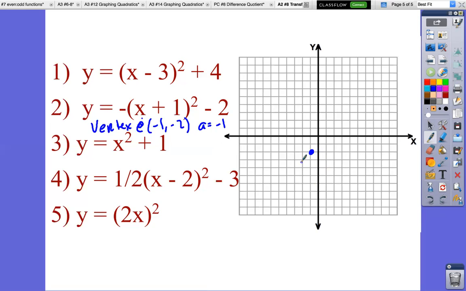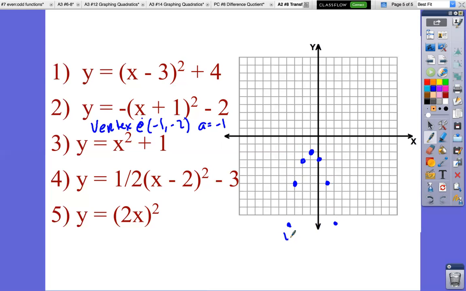And it's negative, so I'm going to go down from the vertex. If I go over 2 from the vertex, what's 2 squared? 4. So go down 4. If I went over 3, 3 squared is 9, so go down 9.